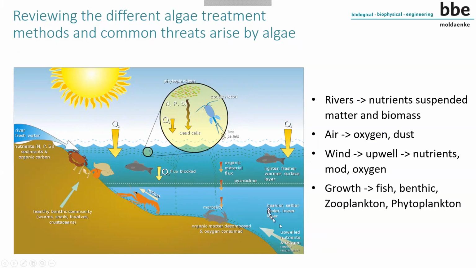Then you also get what often happens, upwelling of nutrients and oxygen if the wind and the waves stir up the bottom of the lake, and then you get nutrients back from the bottom of the lake. And in the food chain, the phytoplankton is the beginning, then the zooplankton eat them, then the fish and so on. So the phytoplankton is a main factor in this food chain for all organisms.